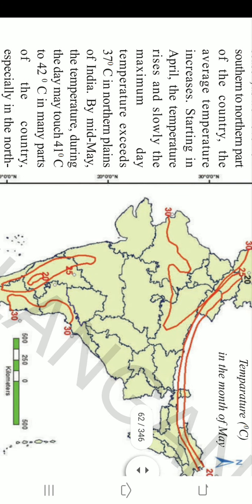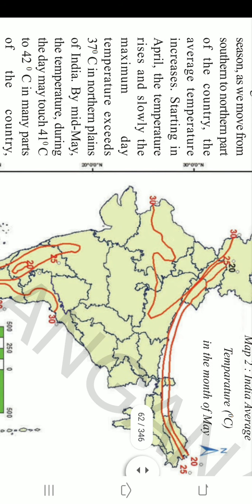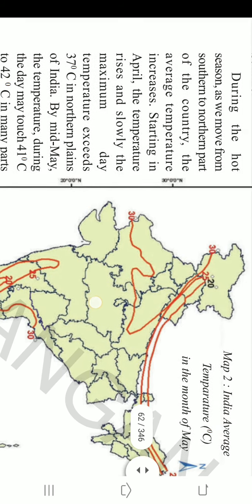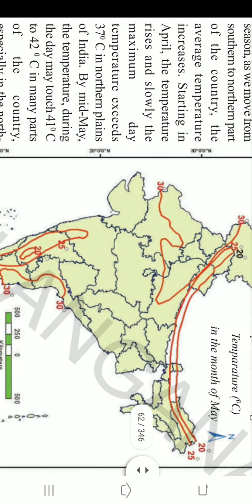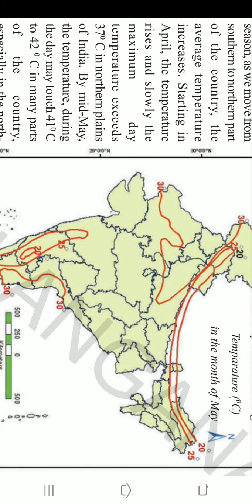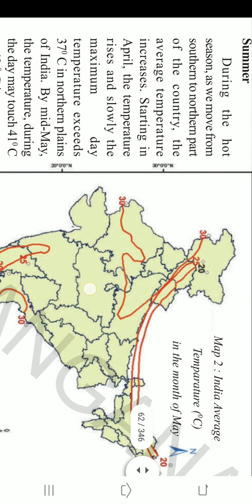Summer means March, April, May, right? In March, April, May, the sun stands above the Tropic of Cancer. That means the sun's rays fall vertically on the northern part of India. So the temperature increases moving from southern India to north India.